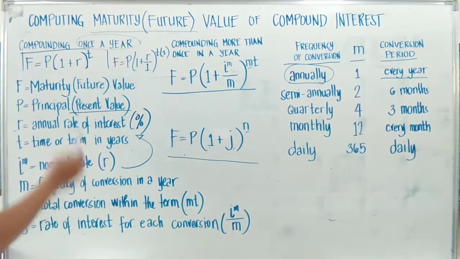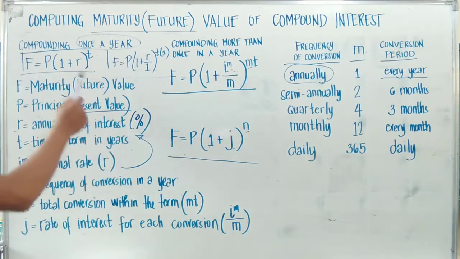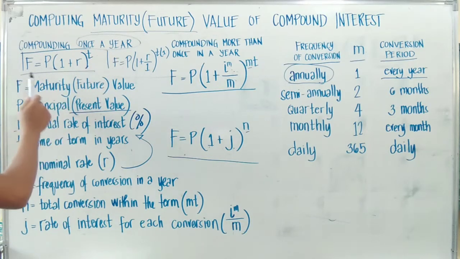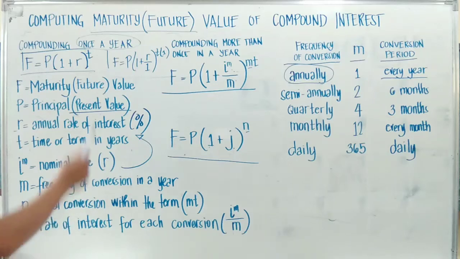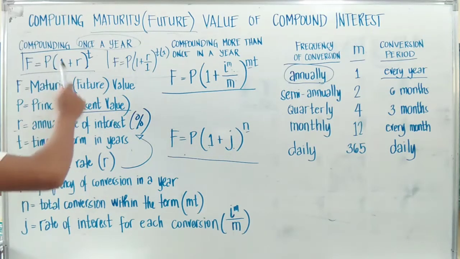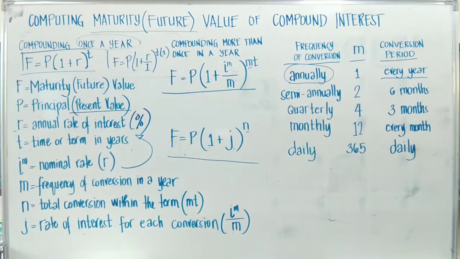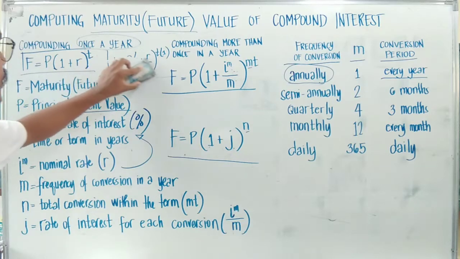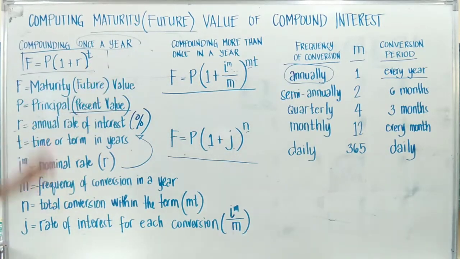That is why the formula or equation in computing your maturity or future value for compound interest once in a year is this one. You cannot see M there because M is equal to 1. It means that we are compounding once in a year, or annually. So I guess that you have a grasp of that.